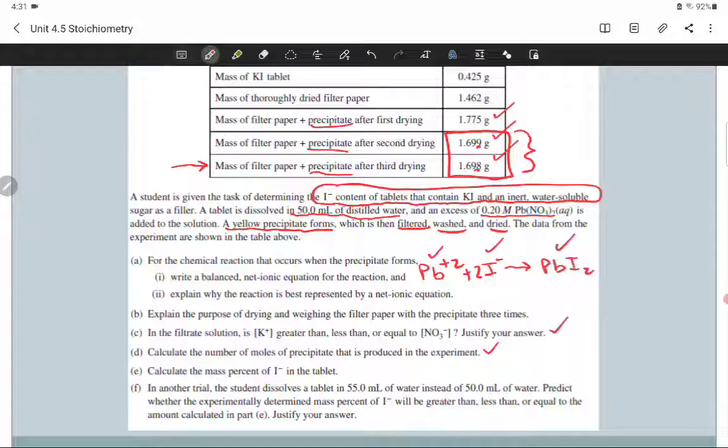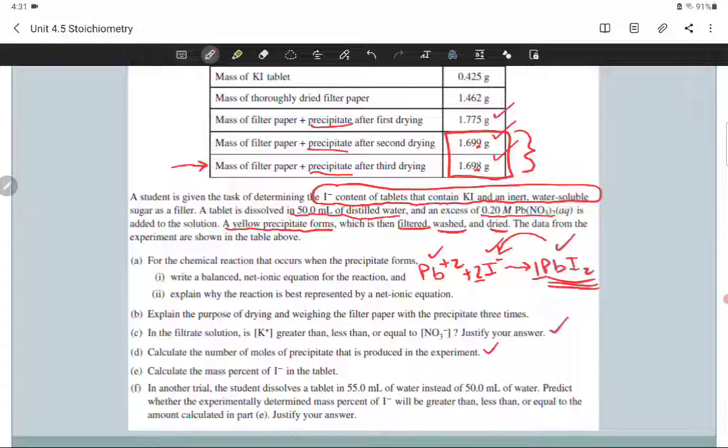Once you know the moles of the precipitate, the PbI2, you could walk backwards and turn it into moles of I minus. And how do you do that? It's a 2-to-1 ratio. So whatever moles of PbI2 you have, double that, and that's how many moles of I minus you have.